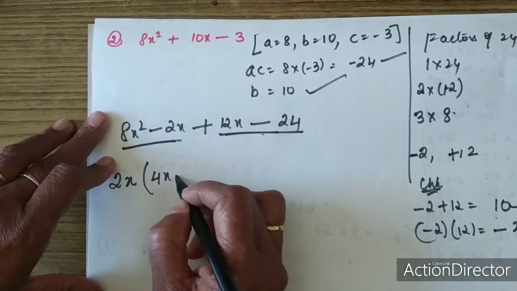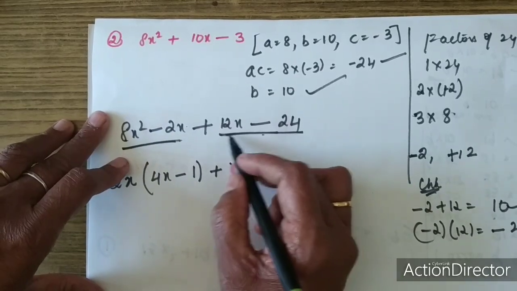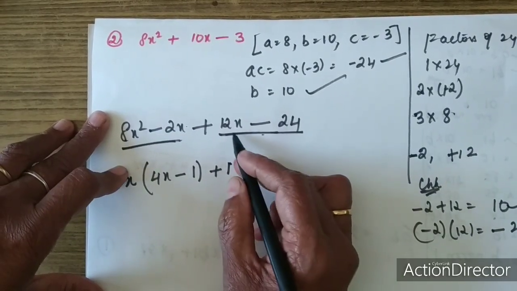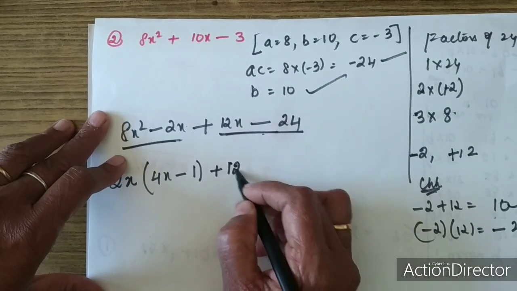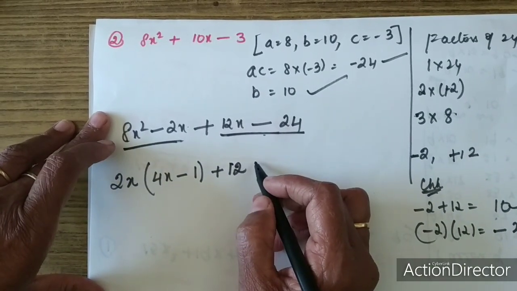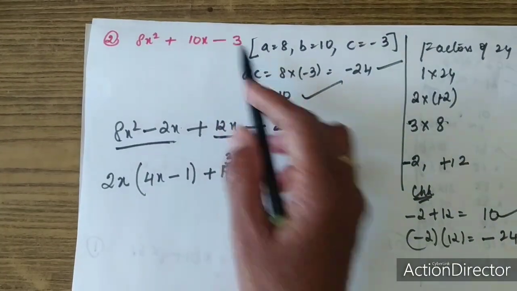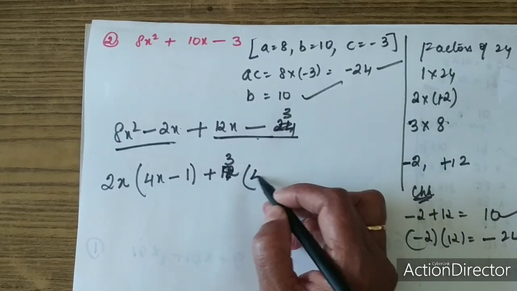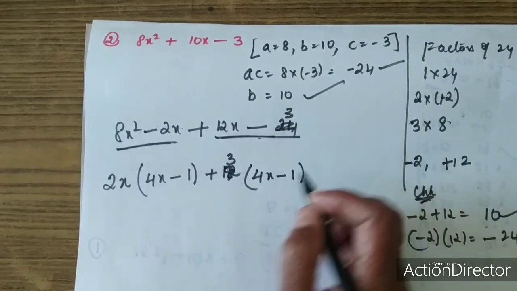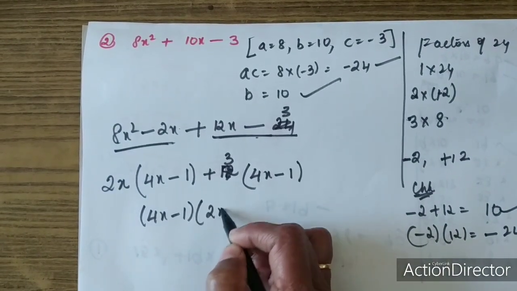So 2x into 4x minus 1, plus again 12, 12x and 12, it is 12 into x minus 3 over here. So the HCF of 12 and 3 is 3. So again you will get 4x minus 1. So 4x minus 1 into 2x plus 3.